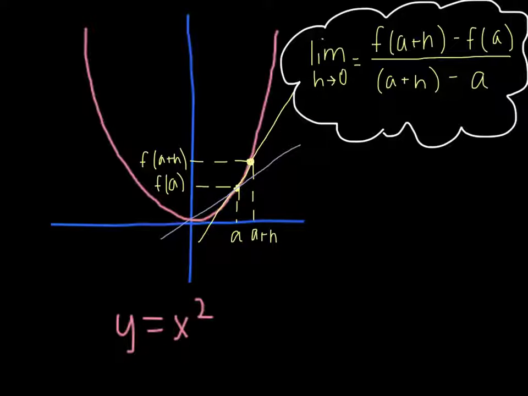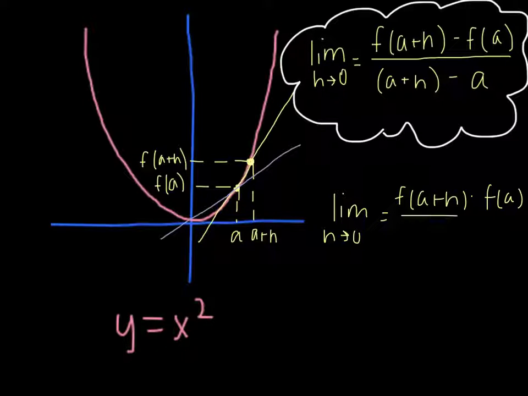Okay, so now that we have this, let's do an example. So if I go back to this, I actually forgot to simplify my equation for my derivative. So the final equation is actually the limit as h approaches 0 of f of a plus h minus f of a over h.